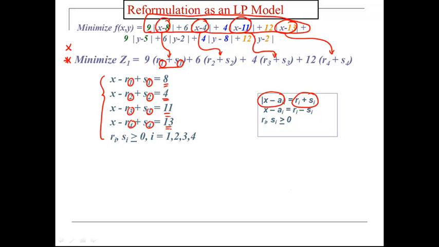So we have formulated the first part of the problem. Now we're going to repeat the process for minimizing Z2, which is going to be in terms of the y coordinates. So we're going to have y minus bi equals ri plus si.